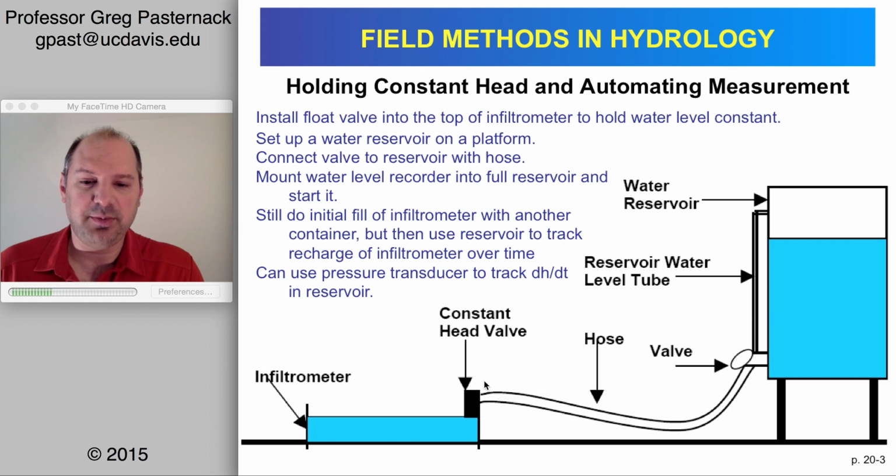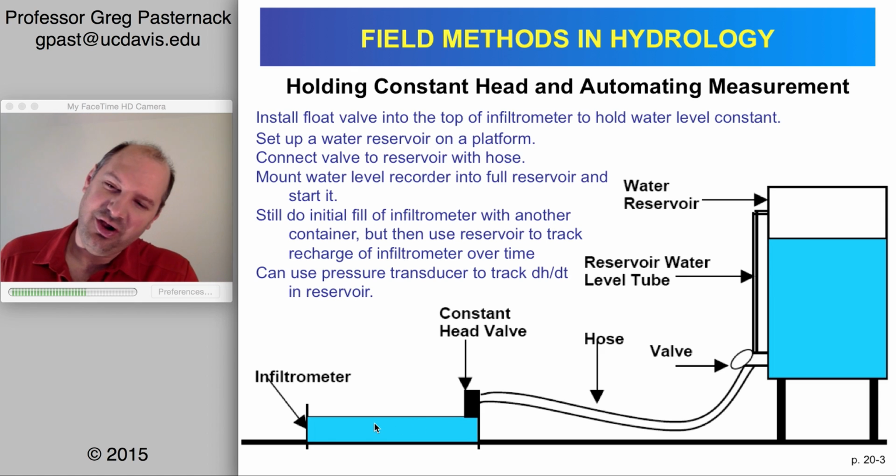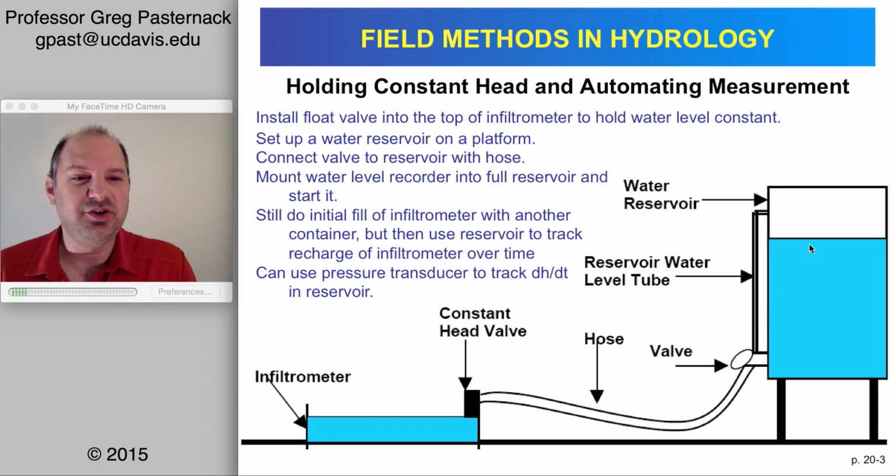What's nice about this approach is, first, you're keeping the head in the infiltrometer constant, and second, you're changing the measurement from having to read on the side of the infiltrometer to reading in the water reservoir, which is a lot easier way to go.